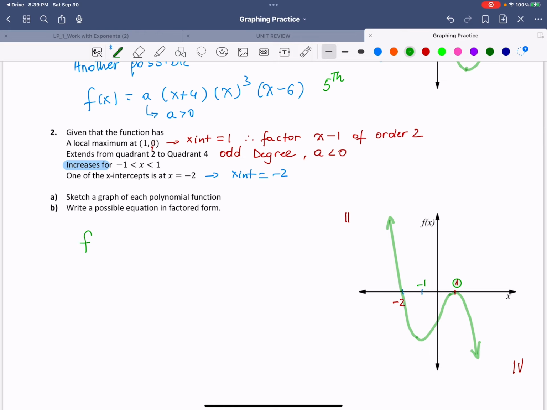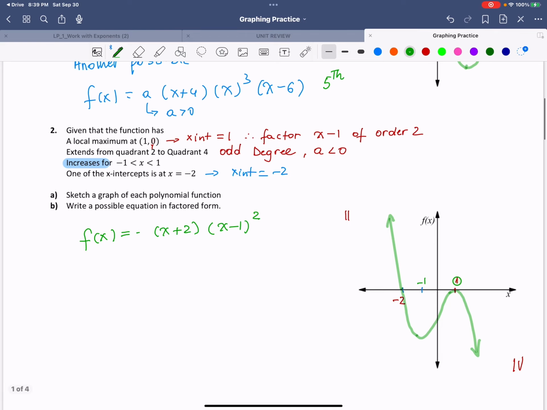We're going to say that the function f of x will have a factor of x plus 2, another factor of x minus 1 to the power of 2, and we know for sure that the leading coefficient will be a negative number. As I was mentioning before, we have other possibilities as well. What we can build in here is a third order root at x equals -2: go down, go up again.